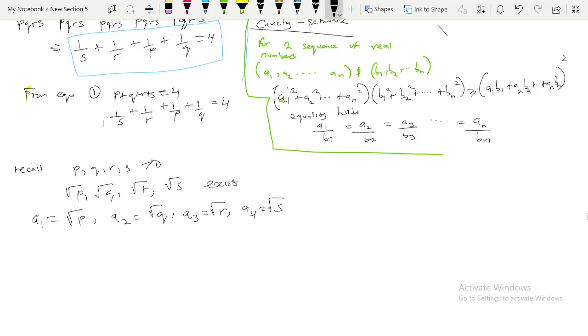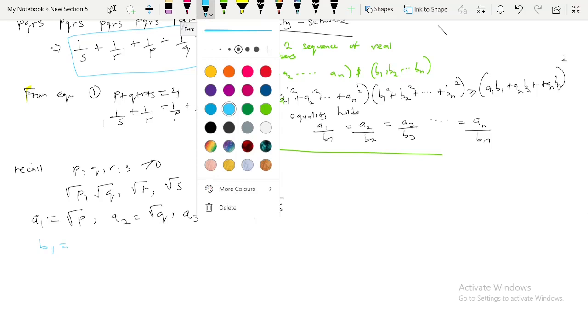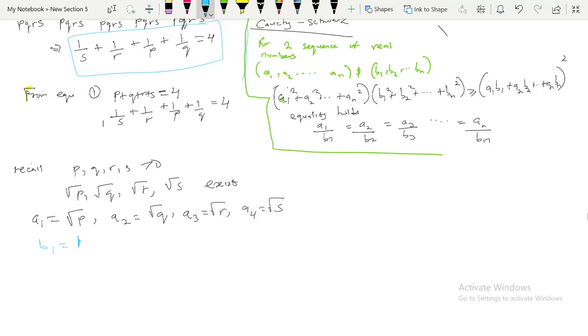Then we can repeat the same thing here. Let B1 be 1 over root P, let B2 be 1 over root Q, let B3 be 1 over root R, and let B4 be 1 over root S, right?